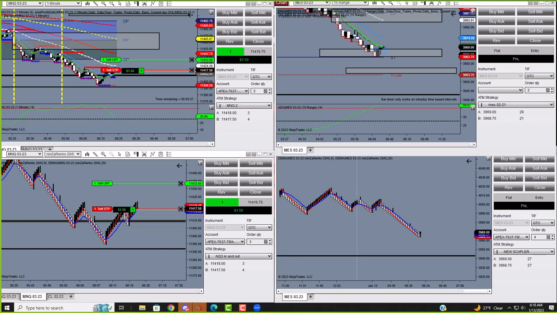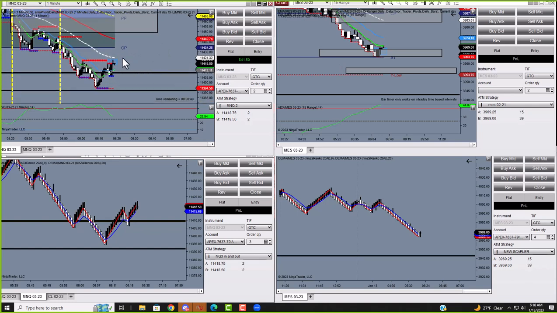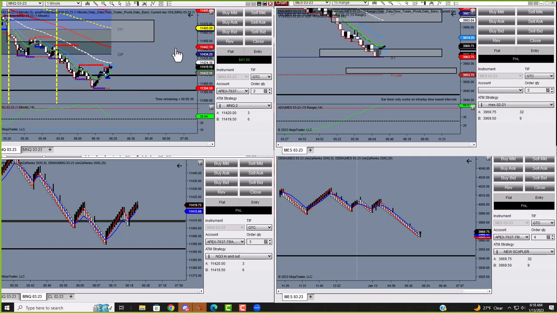Stop filled. See how we rejected the 50? Doesn't mean it won't go. It just, we got some rejection here. It's alright, moved us up from 20 bucks to 40 bucks. That works.